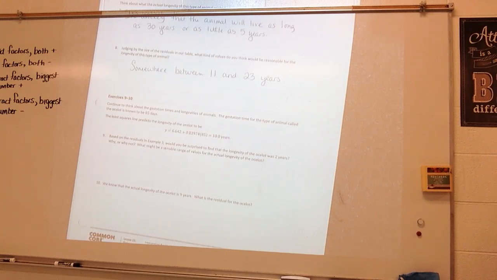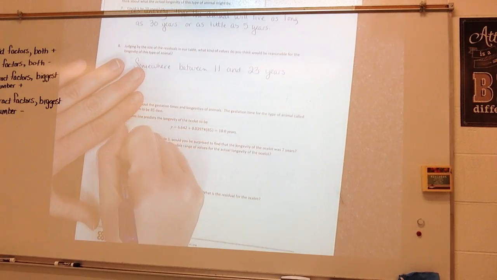Well, it's saying that the predicted would be 10 years. It's unlikely that the actual longevity would be 2 years, because then we would have a residual of 8. 10 minus 2 is 8. Remember, we said that our data says that we should be somewhere within 6 years. So 8 would be greater than the ones in the table.